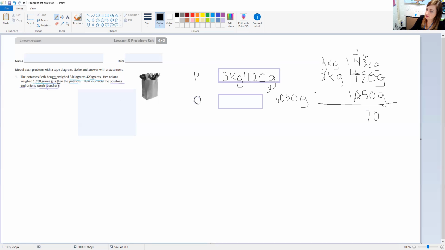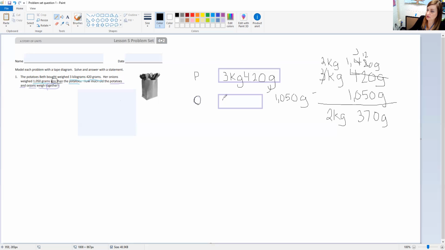And then 3 minus 0 is 3. And 1 minus 1 is nothing, so 370 grams. And then I have to come back over here and write down my 2 kilograms. Okay, so this is how much we know that the onions are.